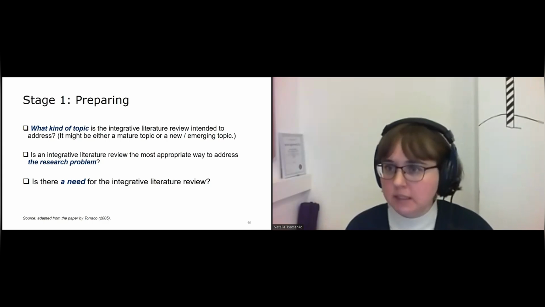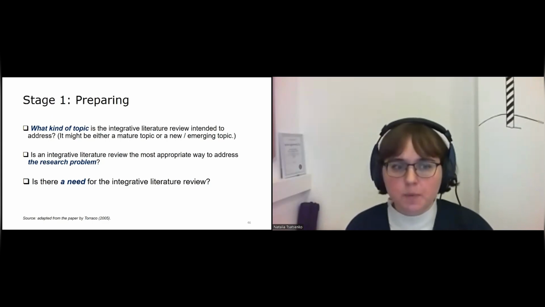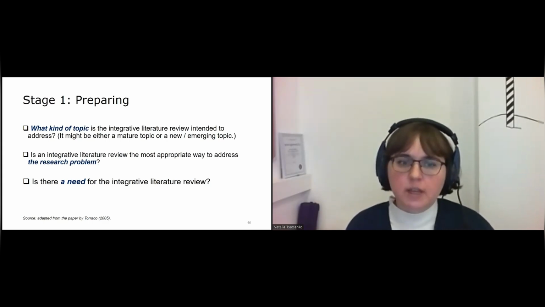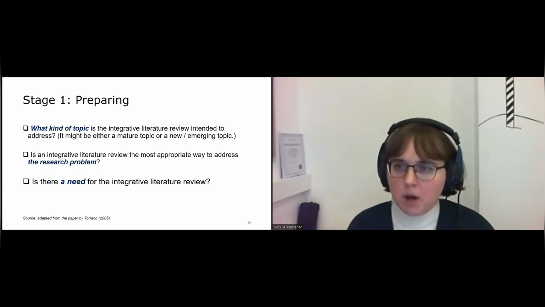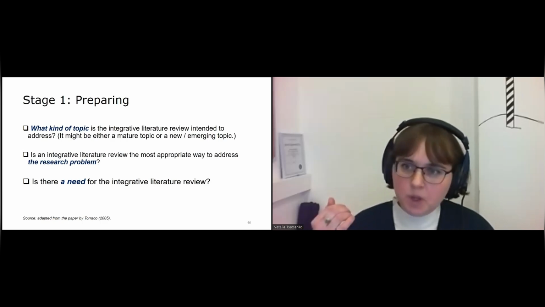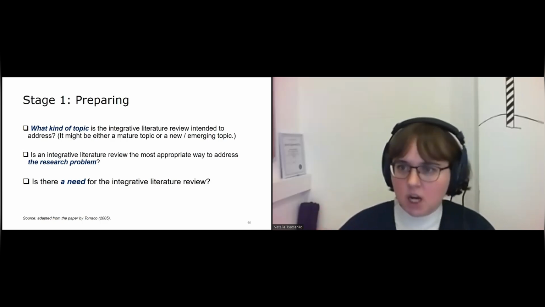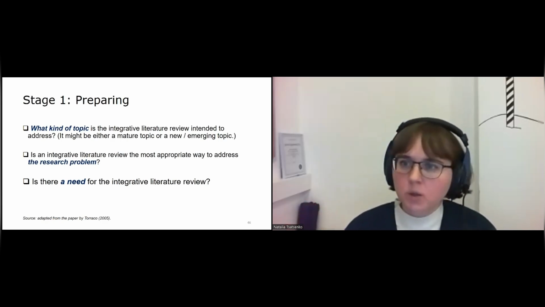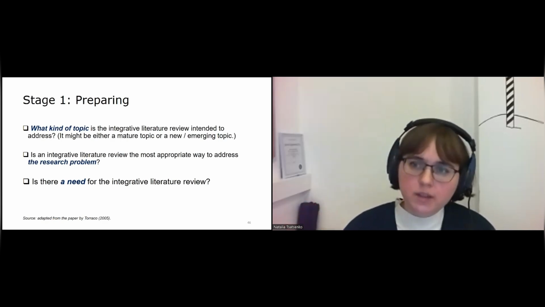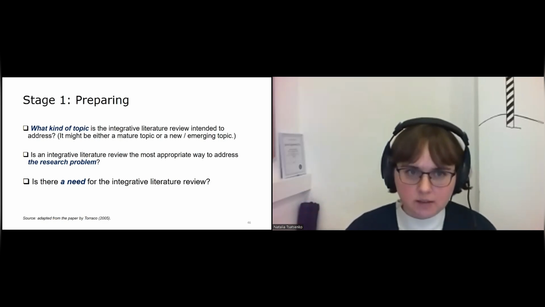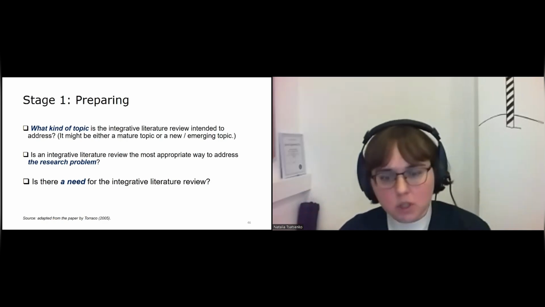It also makes sense to think about this question. And the third question, we remember about the need for the review. If we answer this question, that means we start our review process well established. So we see the need, we see why we use this type of review, and then we go to the second stage.